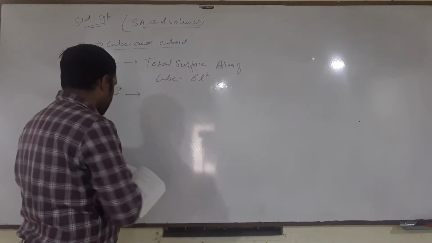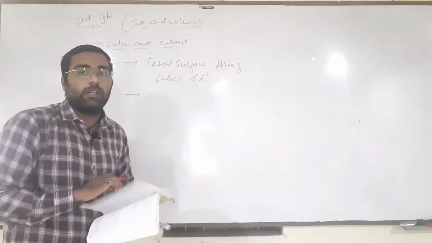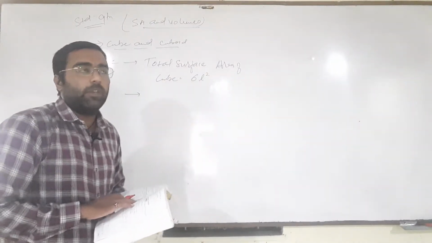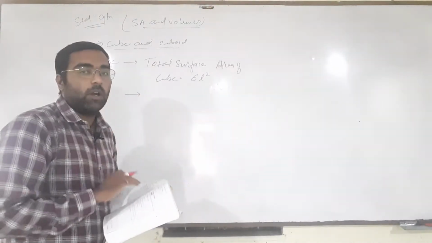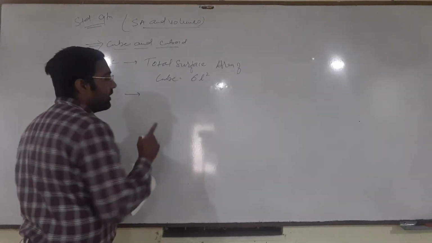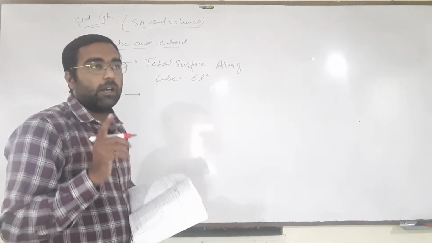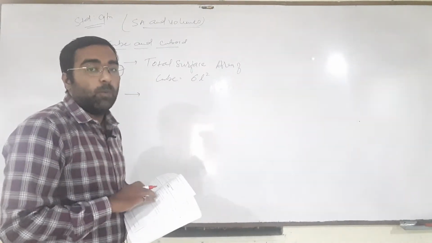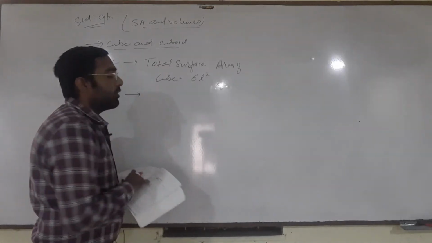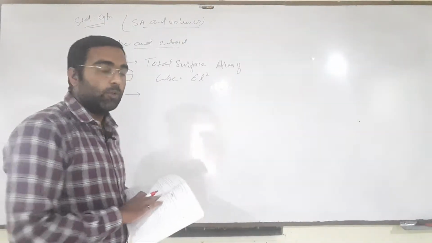Now there is the lateral surface area. Whenever we take lateral surface area, we have to take only 4 faces of the cube. As with the cuboid, in the lateral surface area we take only 4 sides. In this also we have to take 4 sides of the cube.